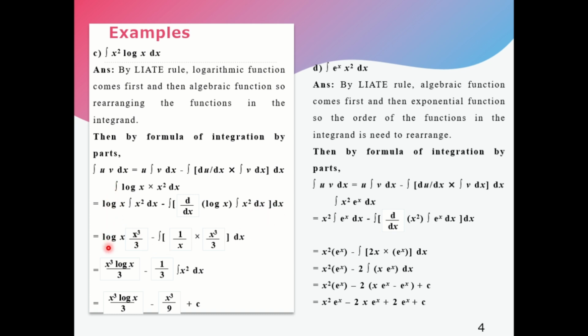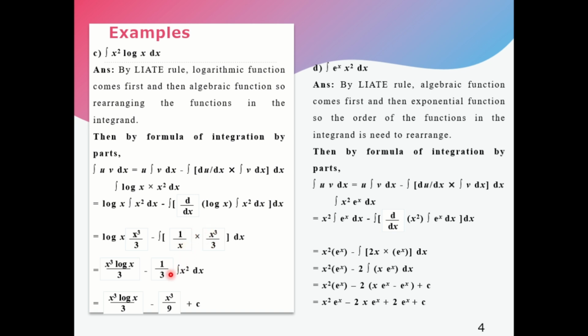Log x into integration of x square dx, which is x raised to 3 upon 3, minus integration of derivative of log x, which is 1 upon x, into integration of x square, which is x cube upon 3, dx. Okay. Log x times x cube upon 3, that is x cube log x upon 3, minus 1 upon x into x cube upon 3; x cancels, giving x square upon 3.